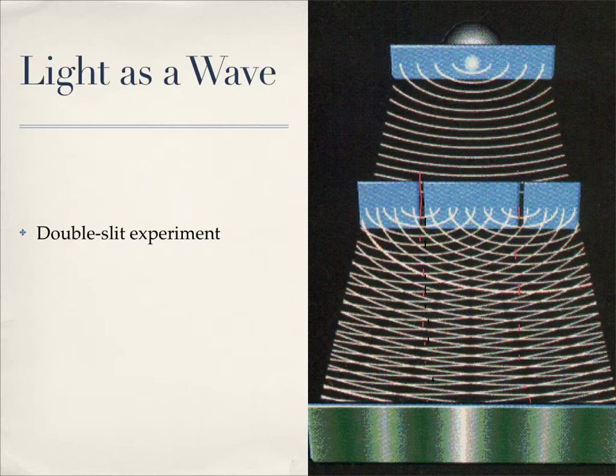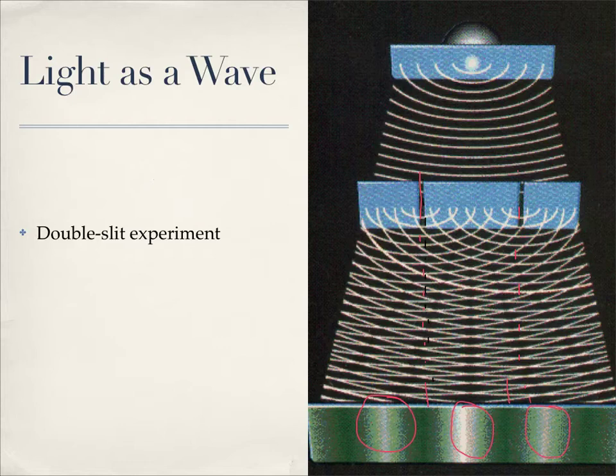But because waves act and interfere with each other, you get bright spots and then dark spots in between. And that's what happens when you do it with light. It has to be very small openings, but you will get these interference patterns.